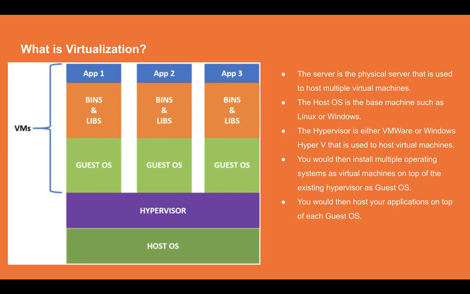On top of the operating system inside the virtual machine, we install our dependencies. Dependencies can be any language in which we want to create our application. Then we have our application. So, using virtualization on one operating system, we can run multiple operating systems, and that can have multiple applications running.